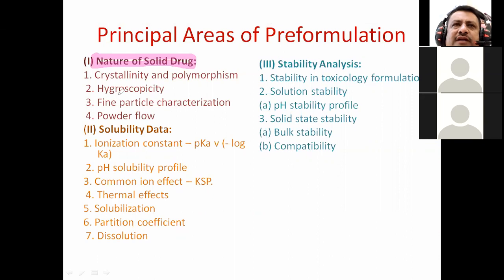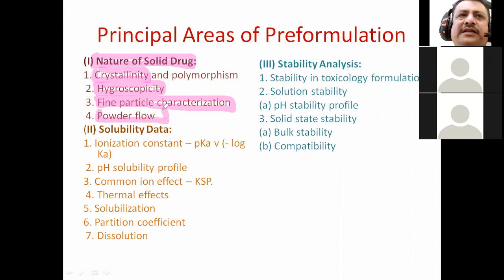So we should know the crystallinity as well as the polymorphism of the drug. Then we have other points with respect to the nature of the drug, that is hygroscopicity, which is checked with the help of various analytical instruments. Then the fine particle characterization, meaning the particle size characterization.